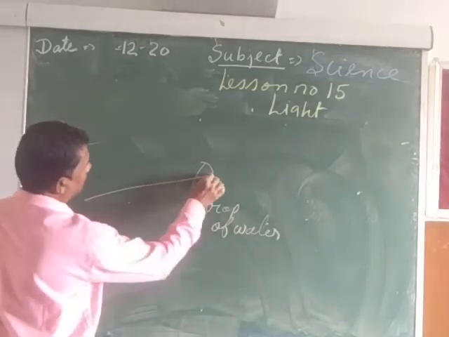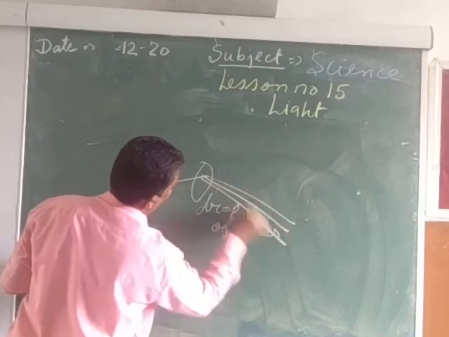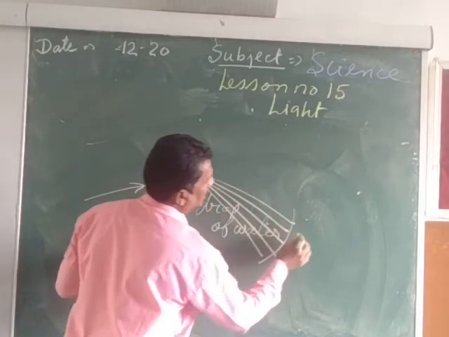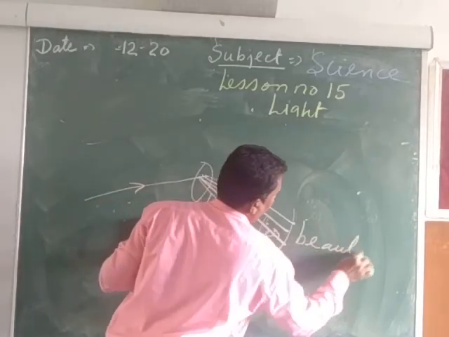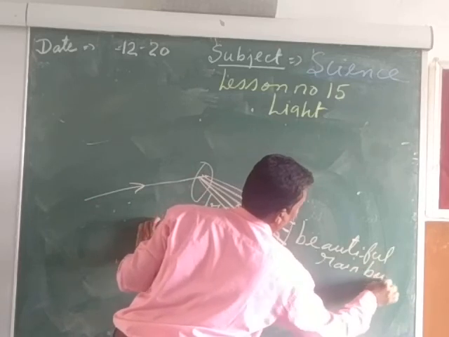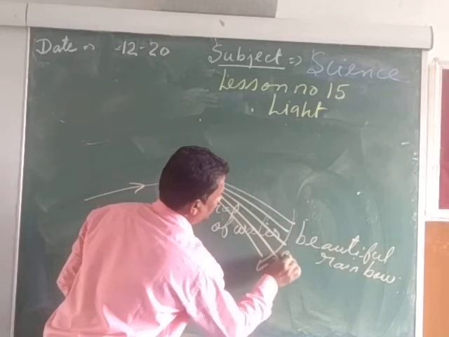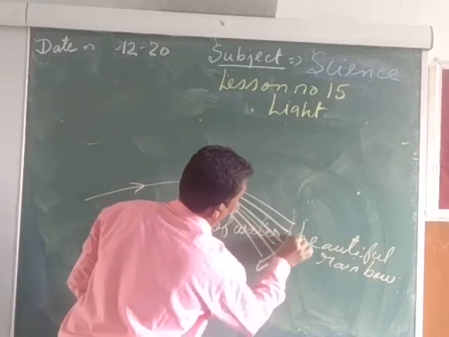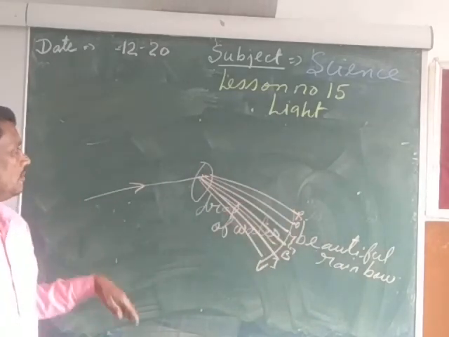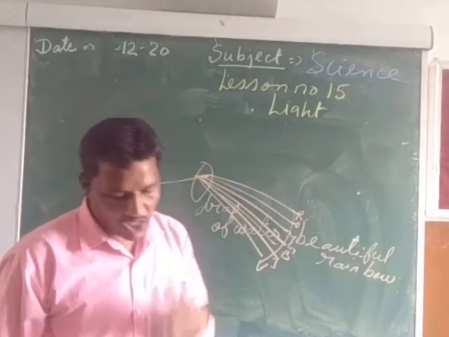When the white light is passing through the drop of water, it is spreading up into the 7 constituent colors, VIBGYOR, and we are getting a beautiful rainbow in the sky.